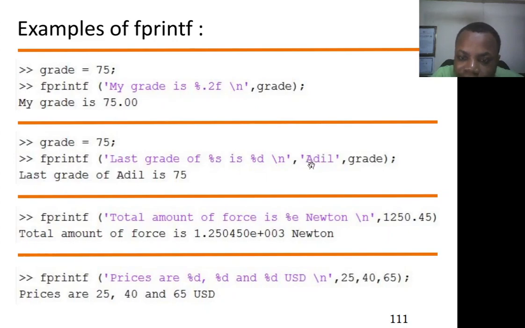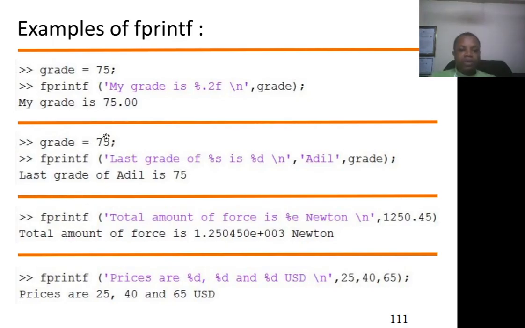So this Adele will be formatted as a string, and grade will be formatted as an integer. In all, you are going to see that the last grade of Adele is 75. And remember, Adele was computed as a string, and 75 was computed as an integer because of this %d. Okay. Now let's do more on this.